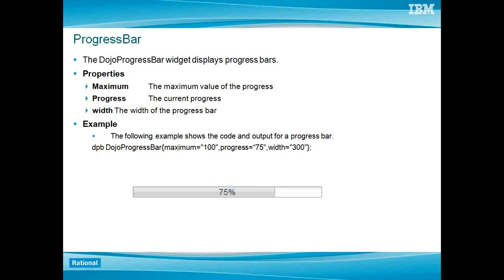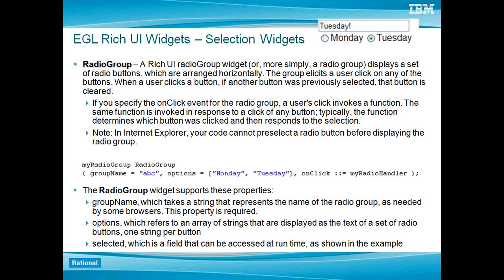Okay, in the same way we have a progress bar, through which we can show the loading time of our application or loading time of our databases, web services, and some other progress-showing things. And it has a number of properties.